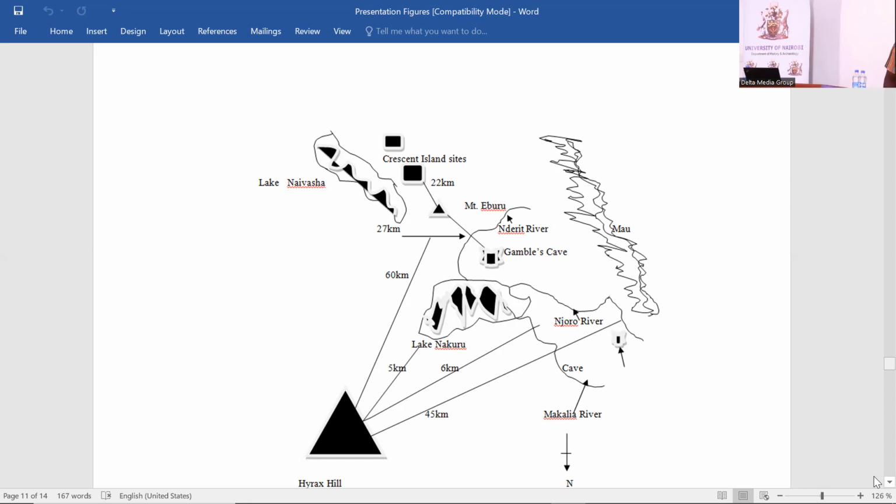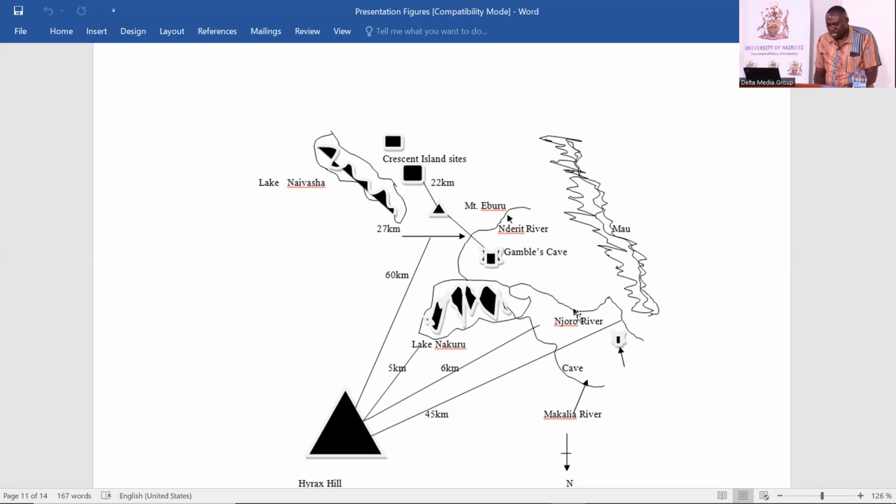And then these are the distances to the key sites where prehistoric communities, Pastoral-Neolithic communities, got their resources from. We have Lake Naivasha here, we have the Crescent Highlands, we have the Mau Escarpment, and then we also have Njoro River, Gambo's Cave, and all that. So when you analyze a region in that manner, vis-a-vis the archaeological sites and how they relate to each other, this is at the macro level.